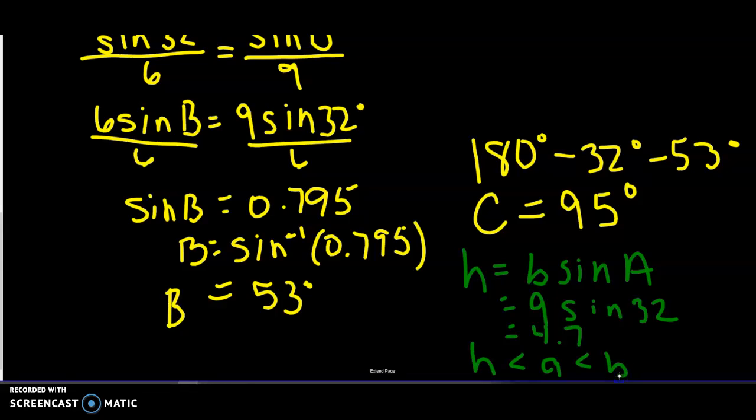I apologize, I want to make sure that our height is less than a, which is less than b. So we have the case that we have two triangles.